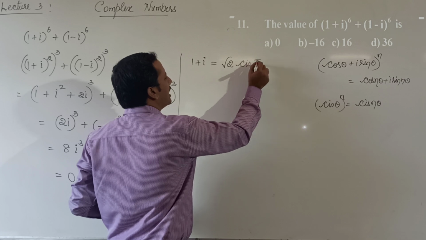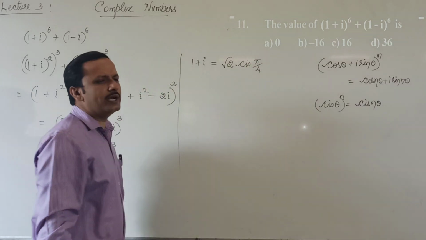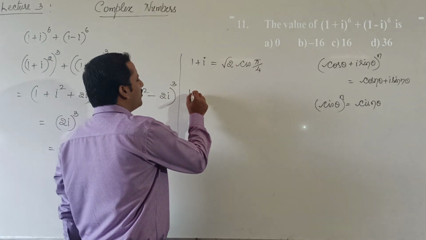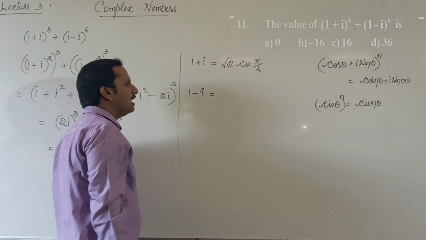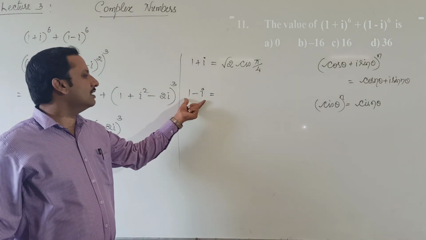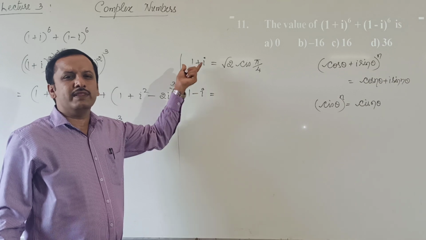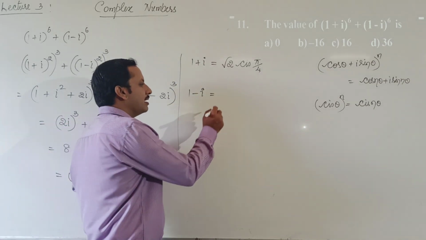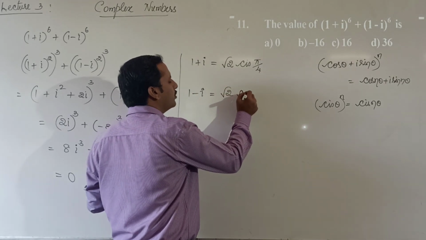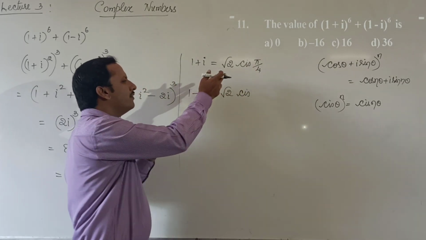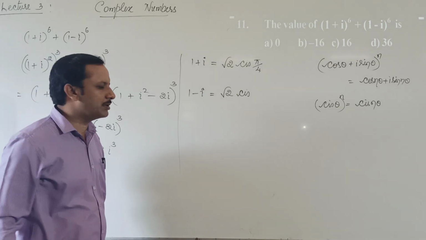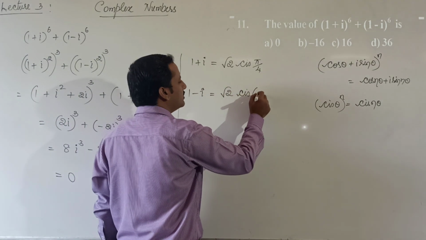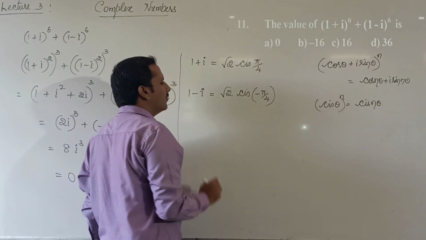So 1 + i can be written as root 2 cis π/4. Then what about 1 - i? It is the conjugate of 1 + i. When they are conjugates of each other, their modulus will remain the same and amplitude will be minus of the amplitude of the given complex number. So here π/4, so it will be minus π/4.